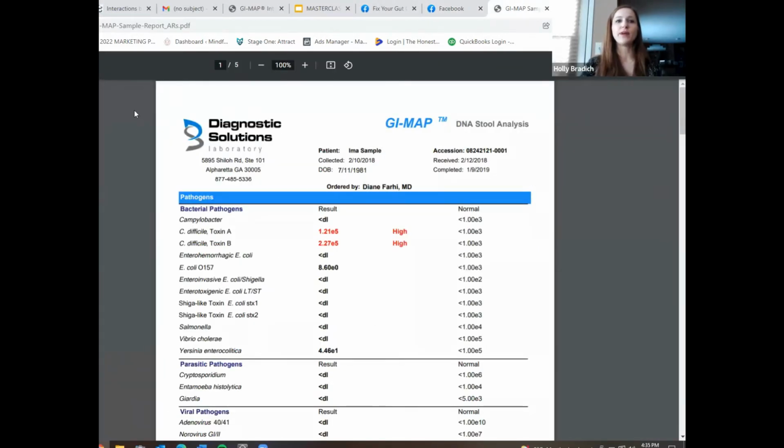Anyways, let's go through. So right here at the top, we've got bacterial pathogens. So these are typically always bad guys that we don't want to see present. However, there's always a stipulation. For example, E. coli.